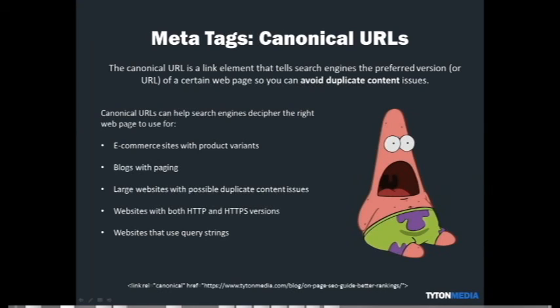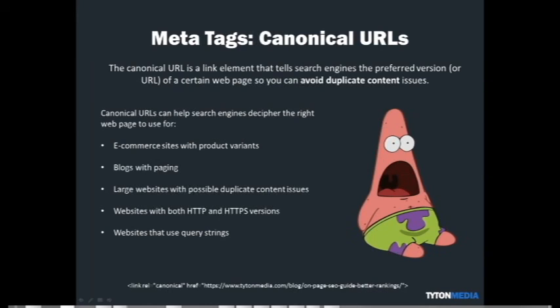These URLs help search engines decipher the right page to use, and it's good for blogs that have multiple pages. It can consider all those a single page if you don't have a canonical URL. E-commerce sites with product variants, websites that use both HTTP and HTTPS. It's good to tell Google what the preferred version is of that URL, whether you want it to be the secured or non-secured version.